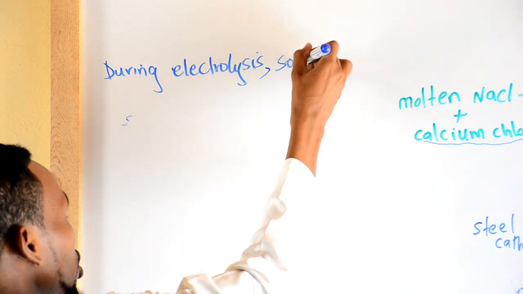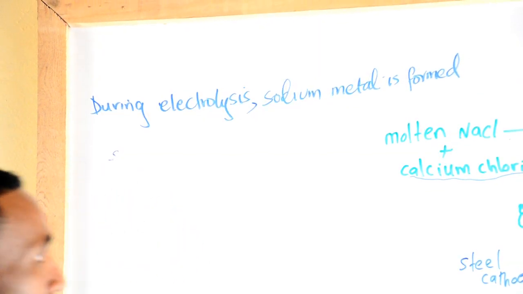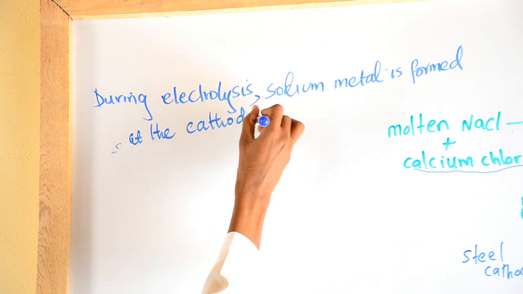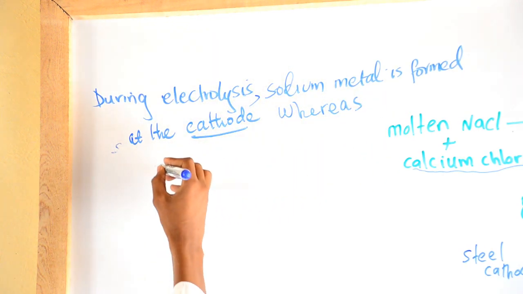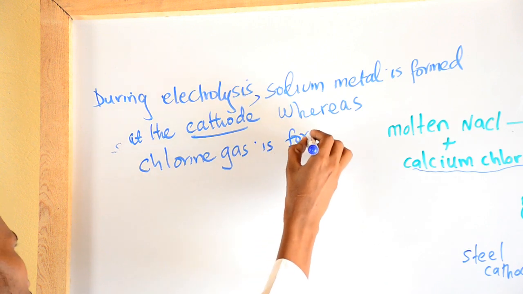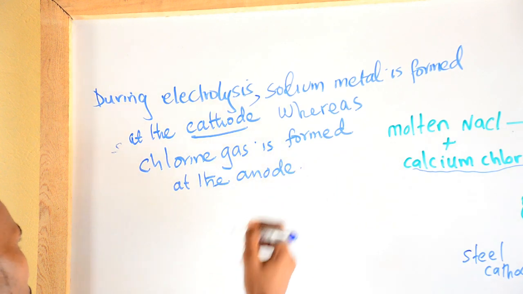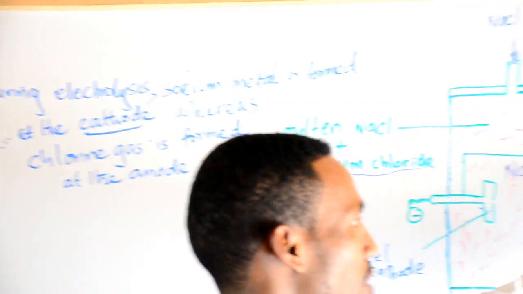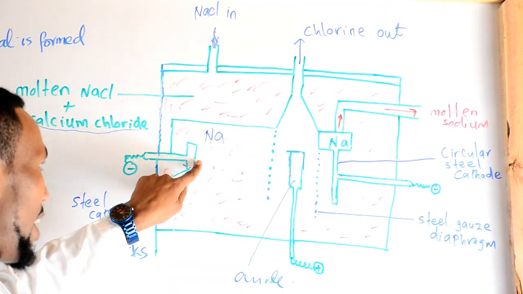During electrolysis, sodium metal is formed at the cathode, whereas chlorine gas is formed at the anode. So sodium metal, which you have been looking for, is formed at the cathode, and we shall explain how.